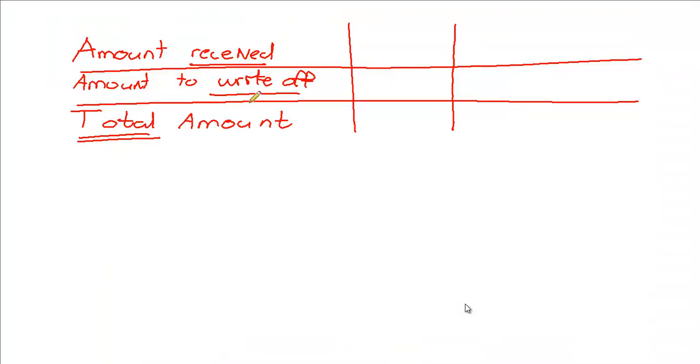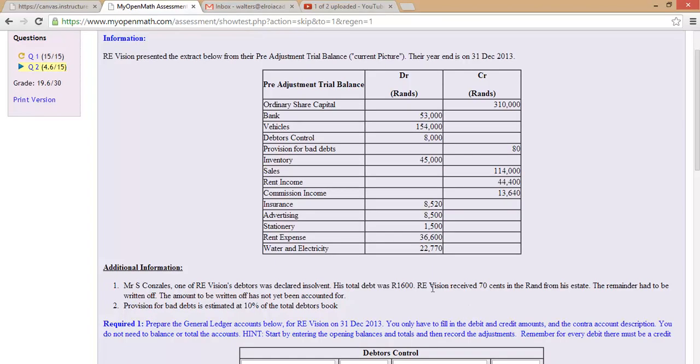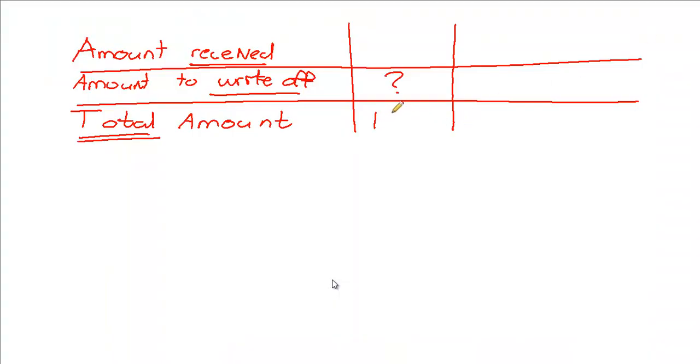So we have three amounts here. We've got the amount received, the amount to write off, which we need to calculate, and we've got the total amount. The total debt for Mr. Gonzalez is 1,600. So let's fill that in. The amount received, we will have to calculate.